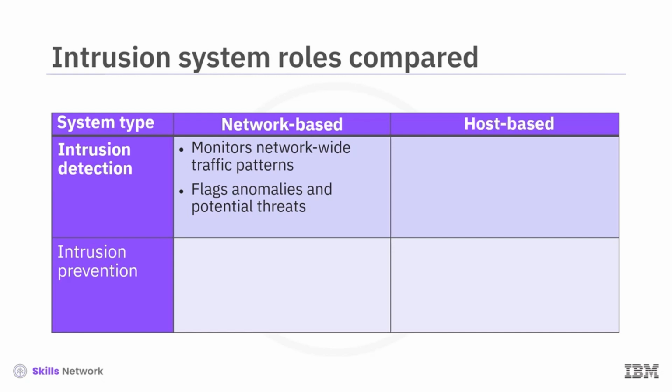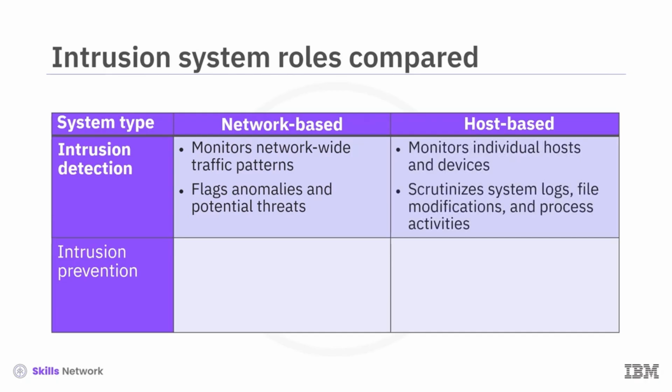Host-based IDS, known as HIDS, monitors individual hosts or devices. HIDS scrutinizes system logs, file modifications, and process activities, providing insight into potential intrusions or unauthorized access attempts at the host level.